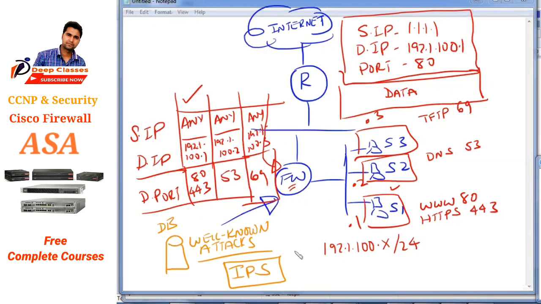Similarly, IPS does the same thing, but it does it for what? It doesn't do it for files, it does it for network traffic or network packets, looking at packet headers and contents of packets. It doesn't check files on your PC. It's checking for what?